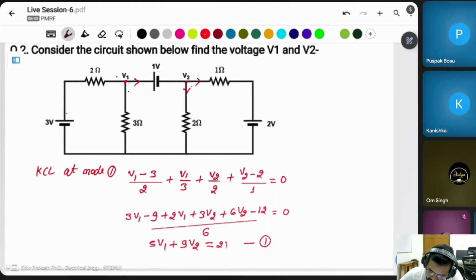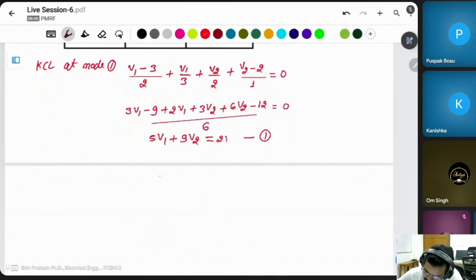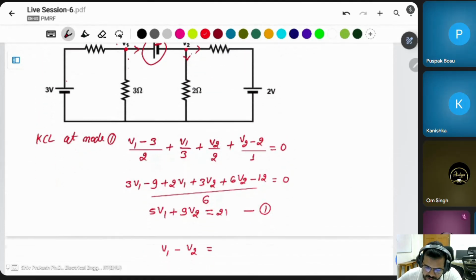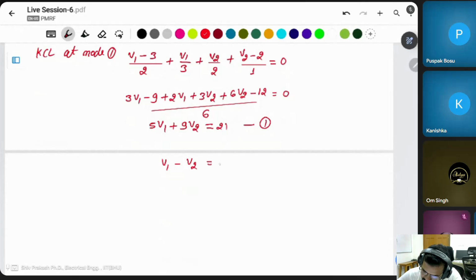Then what is V1 minus V2? This voltage. V1 minus V2 in this case is equal to this voltage, which is 1 volt. Simply 1 volt. This is equation number second. You can multiply by 5 in equation number second.